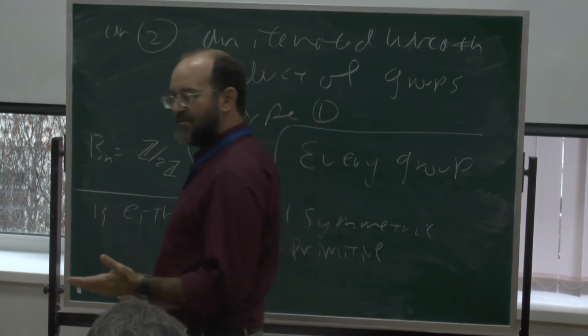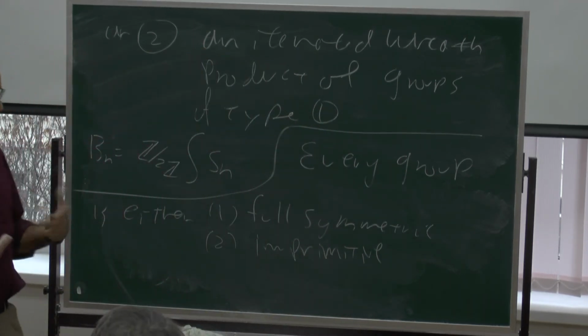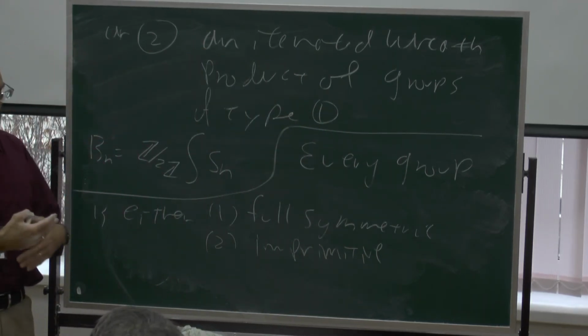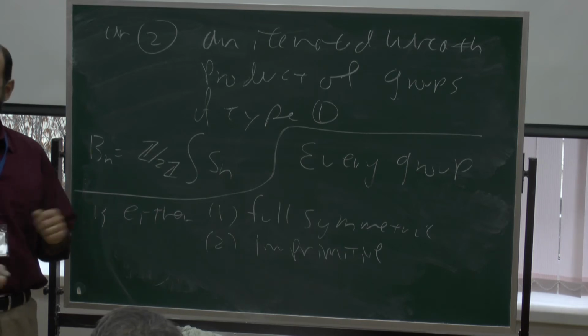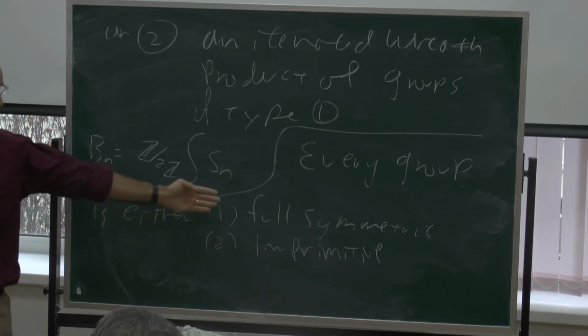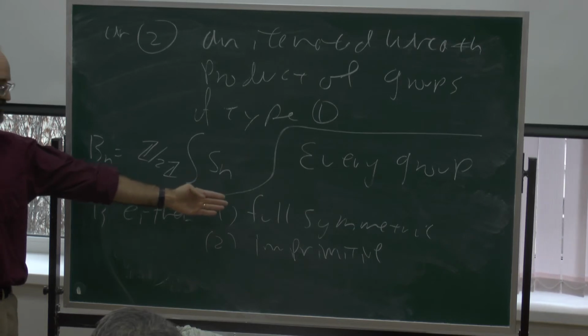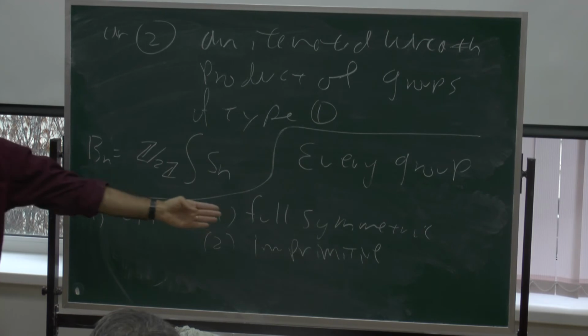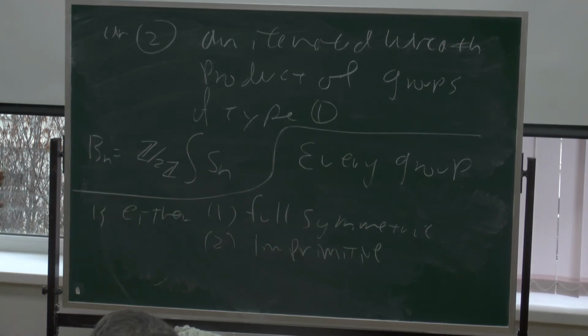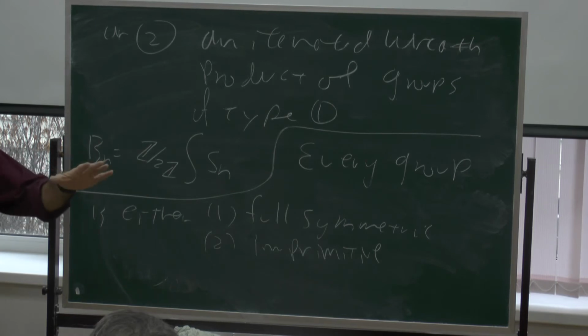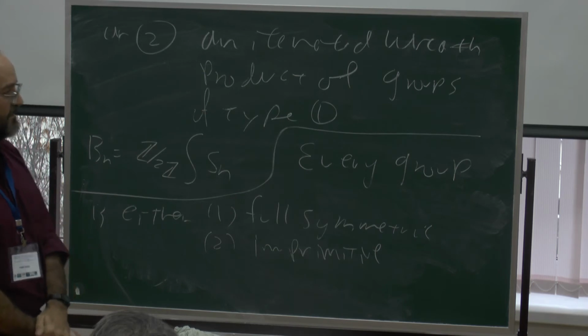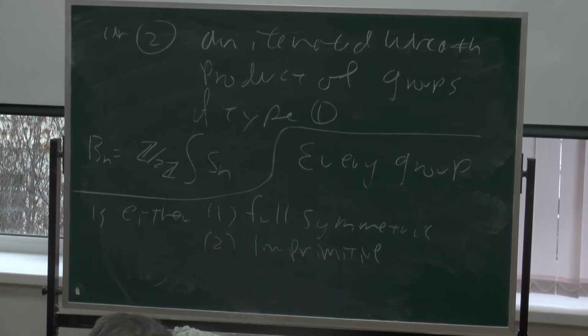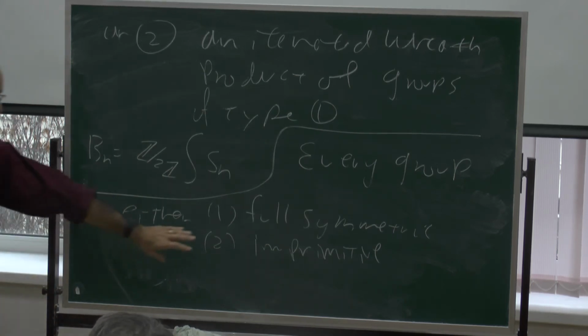So in the classification of permutation groups, you can ask how they move elements around, and the symmetric group is fully transitive. You can take any list of n elements to any other list of n elements. That's what it means to be the symmetric group. Imprimitive says that there's a partition of your elements which this group preserves, so this is far from being full symmetric.